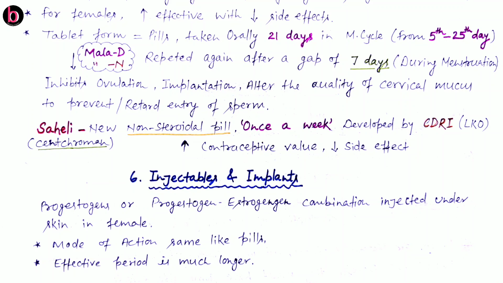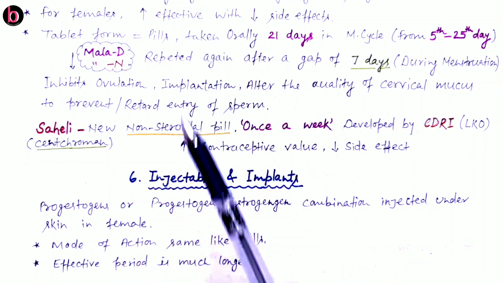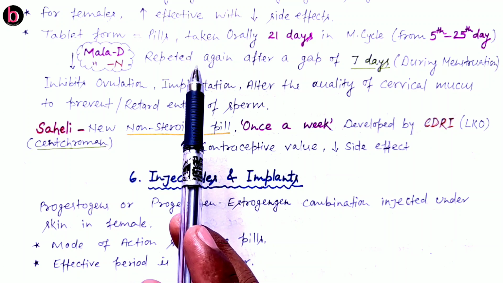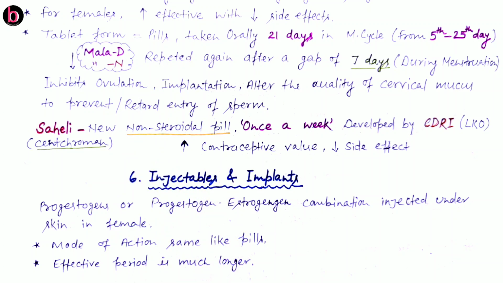One difference we discussed: pills are taken orally while this is injected below the skin. This is available in a variety of forms, for 1 year contraception, 2 year contraception, and also for many more years. So there is no need to take it on a daily basis, while in the case of pills a female has to take the pill regularly.